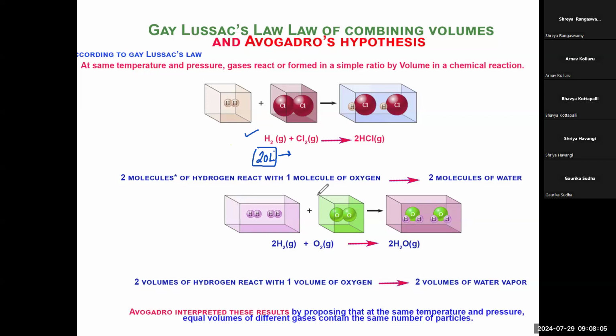See, 1:1 ratio. You can read the complete equation in volume. Yes, 20 liters of Cl2. And how many liters of hydrochloric acid will you get? 40 liters. Yeah, that's the answer. That's the importance of this law. You can apply Gay-Lussac's law and Avogadro's law on the balanced equation. You can read the coefficients as volume.